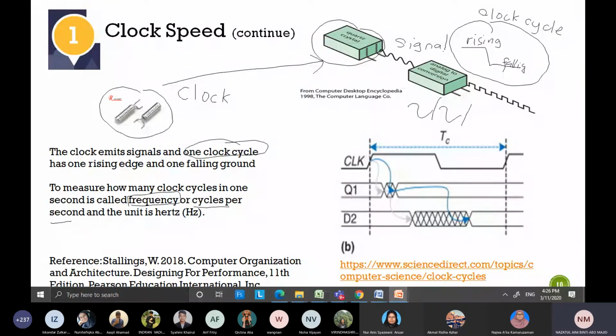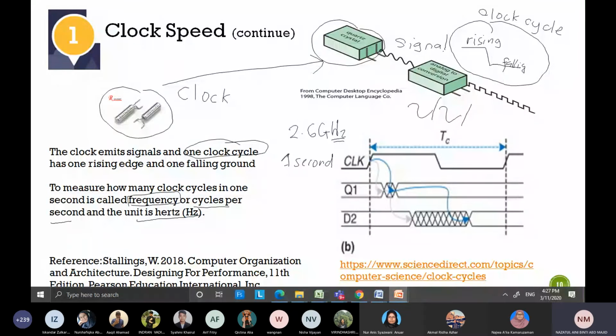The unit here is hertz. That's why we see gigahertz just now, because hertz means the frequency of cycles in 1 second.